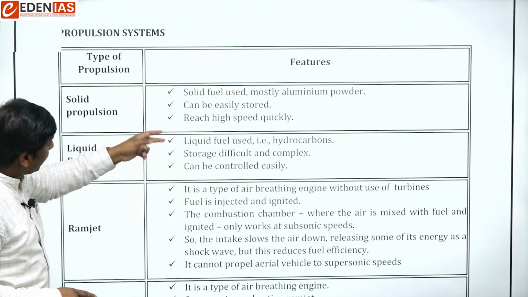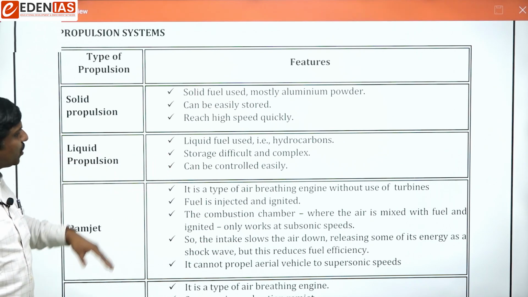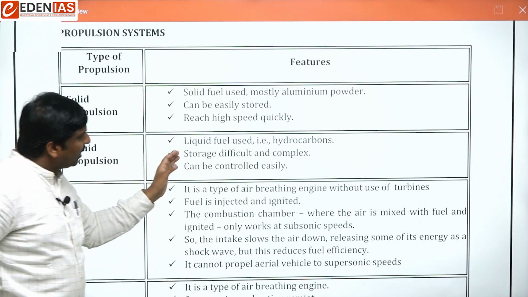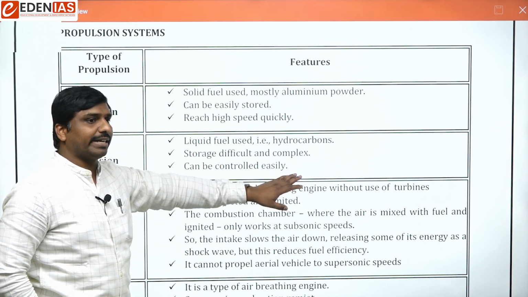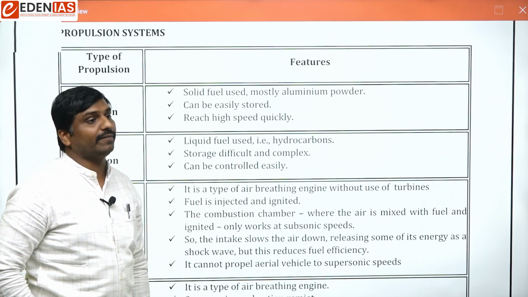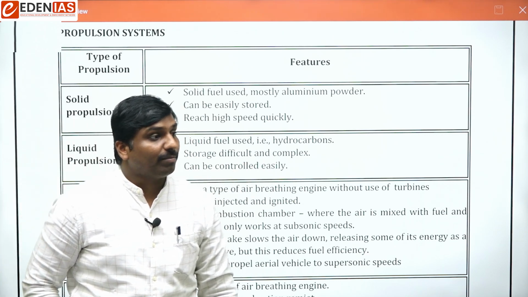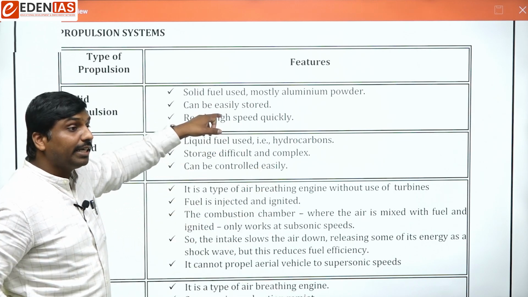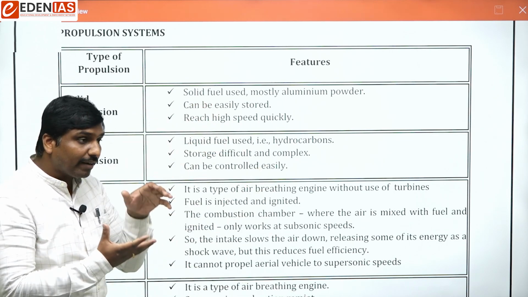Then, if you look at the liquid propulsion system, the advantage is that it can be controlled easily, but the problem is that storage is difficult. If we use solid, it gives a lot of weight, so we also have to reduce weight.